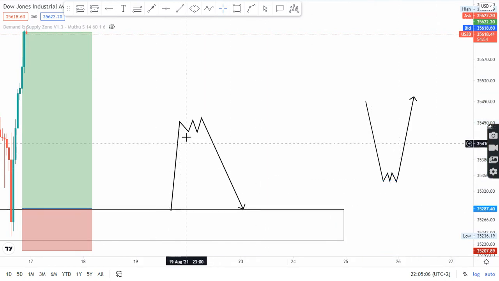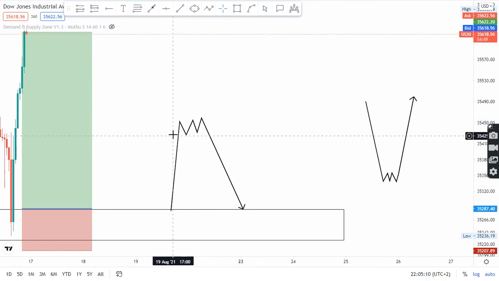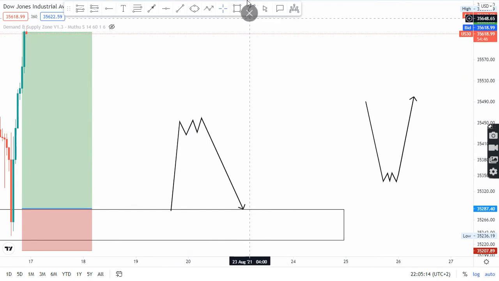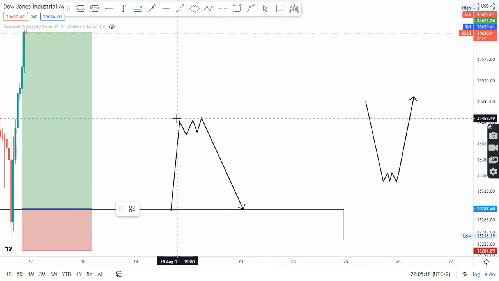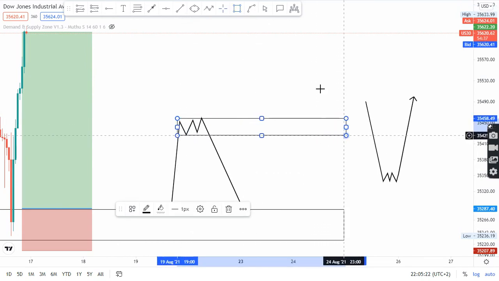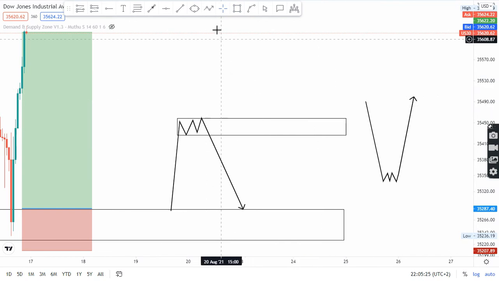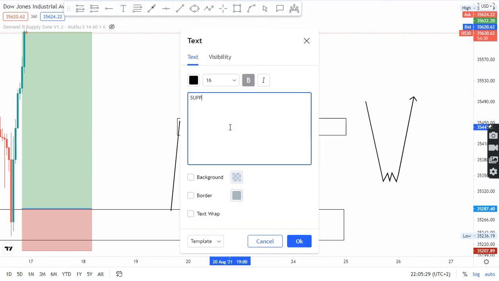So it's simple. Identify the move, a big move to the upside. Once you do, price will give you some sort of consolidation, and once you see that consolidation, just bring your rectangle, make use of that rectangle, please, and then extend it to the right side. You can even label this as a supply zone. Okay, these are reversal patterns.